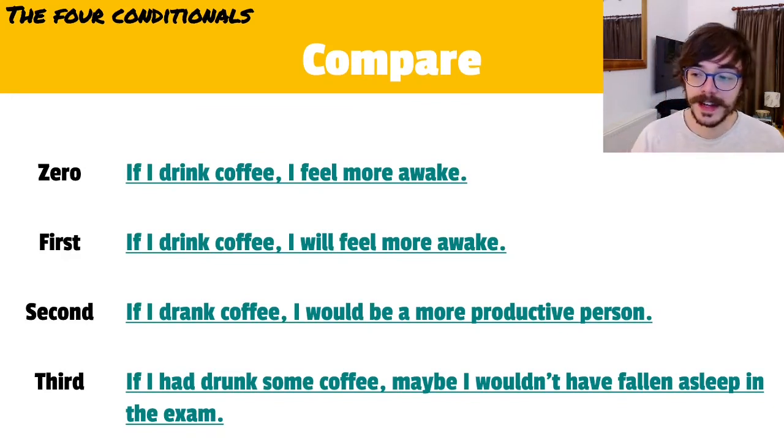During the exam, I fell asleep. But thinking about it now, well, if I had had some coffee before the exam, maybe I wouldn't have fallen asleep in the exam, which was kind of embarrassing. Okay, so that is the four conditionals.